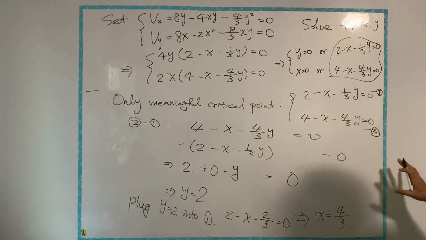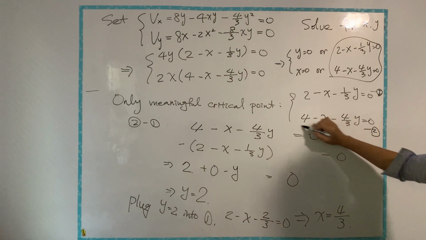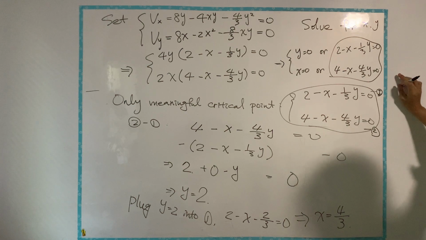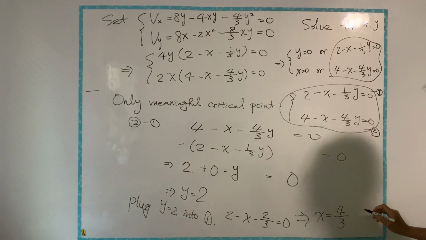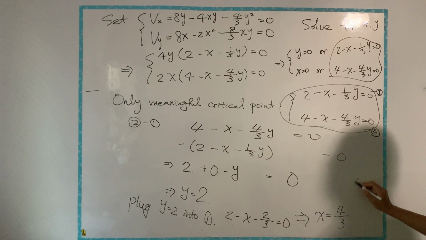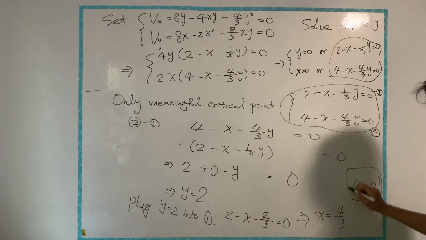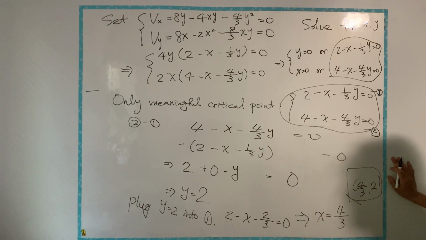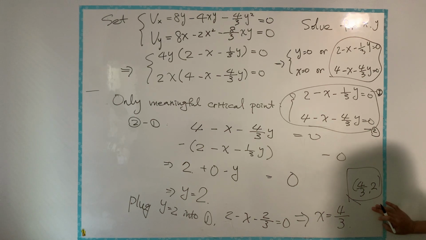Just use whatever way you prefer to solve these equations here. Okay? So now I have a critical point (4/3, 2) for the volume function. Now I'm gonna use the second partial derivative test to argue this does give me a maximum volume.